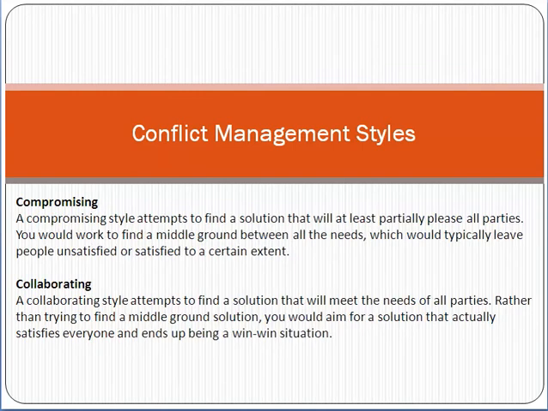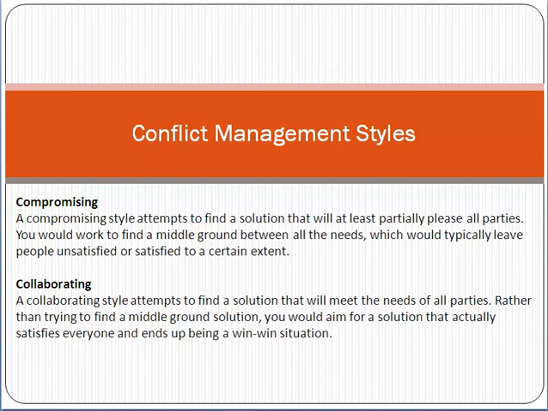Then the next one is compromising. Friend, compromising means that you try to find a solution that will at least partially please all parties. For example, two parties are in conflict: one party has 5 agenda points, and the second party has 6 agenda points.